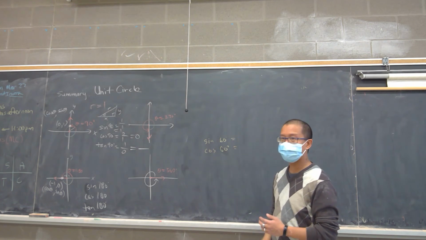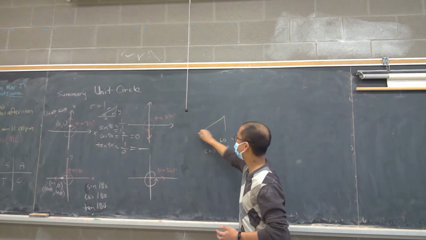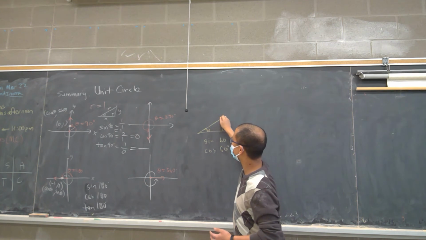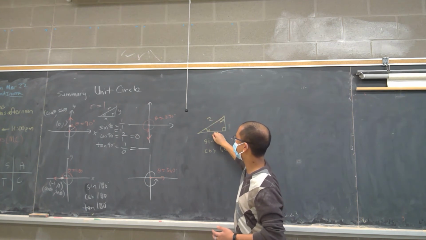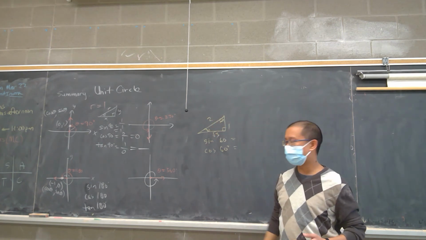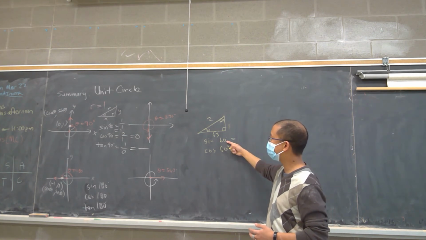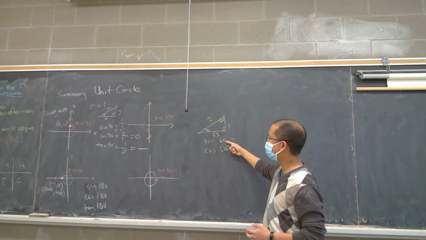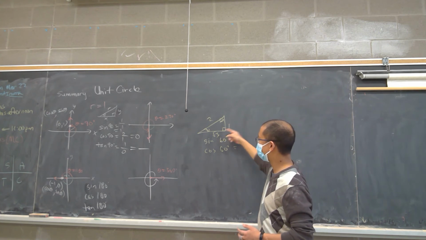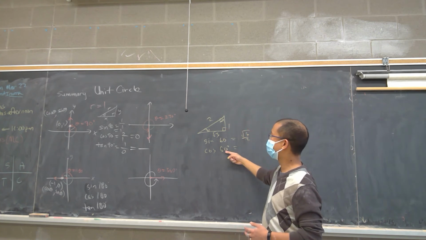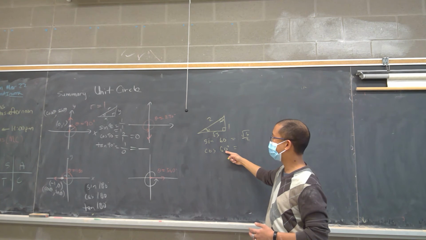This is a Hall of Famer question, so if you do it this way, that's 30, that's 60, that's 1, that's 2, that's 3. Obviously I'm dealing with quadrant 1, because these are 60 degrees. Sine of 60, well, that is √3/2. Cosine of 60, what is that? 1/2?